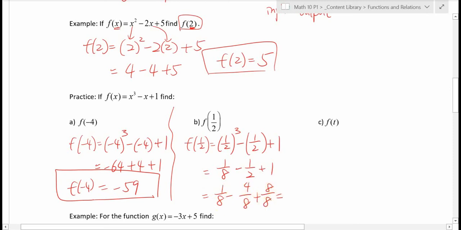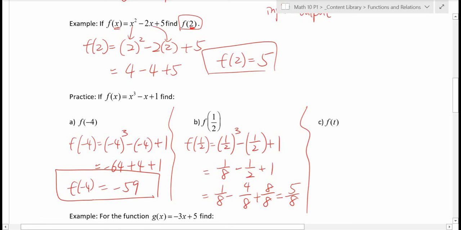I change everything to over 8. To go from 2 to 8, you multiply by 4. So if you multiply the denominator by 4, you have to multiply the numerator by 4, so 1 becomes a 4. And 1 is just a whole number, so you can write that as 8 over 8. So we have 1 minus 4 is negative 3, and negative 3 plus 8 is 5. So f of 1/2 is 5 over 8.